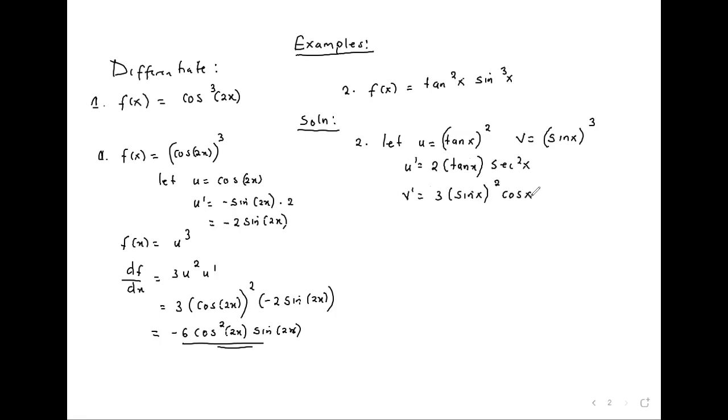Now we can write the derivative of f, which you can also present as f prime of x. It's going to be u prime v plus v prime u, product rule.